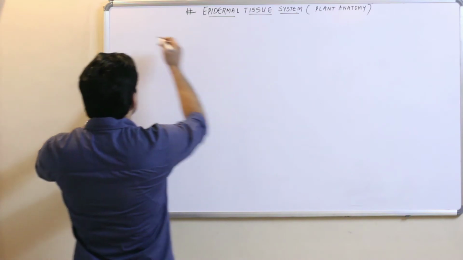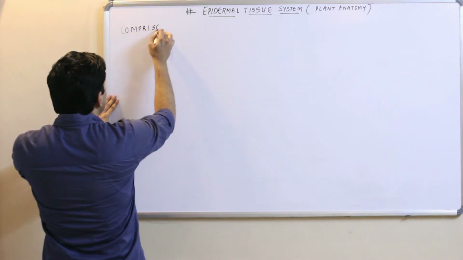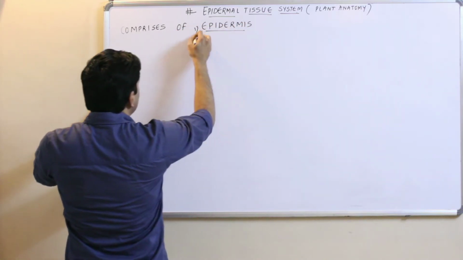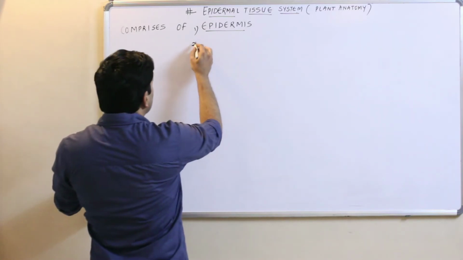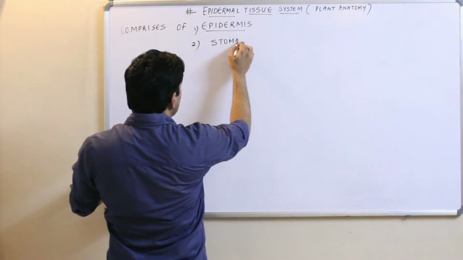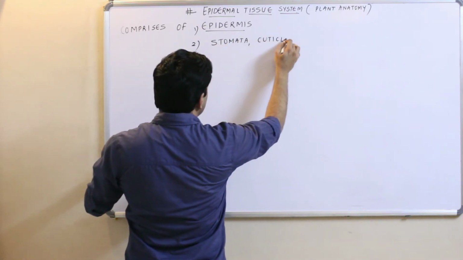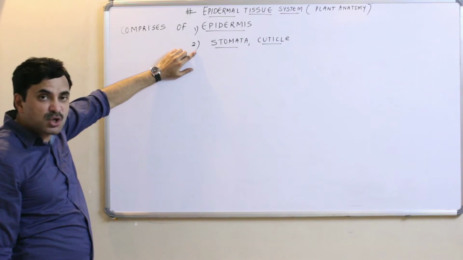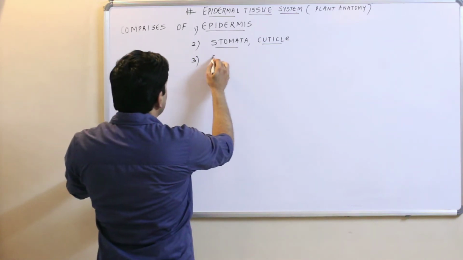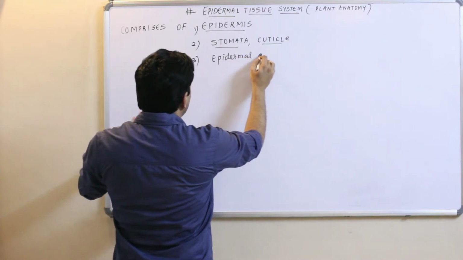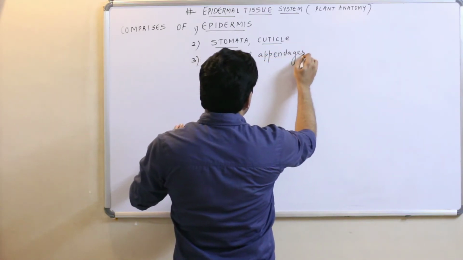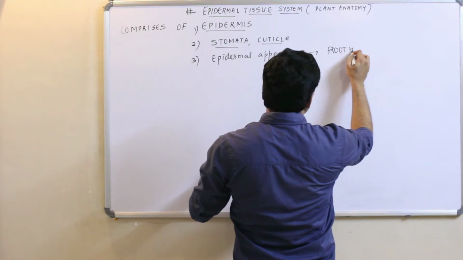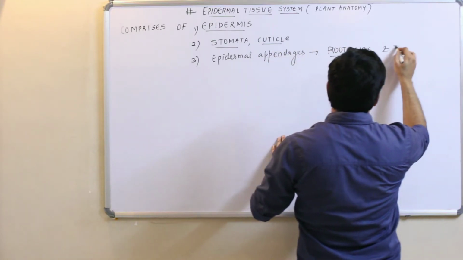And this epidermal tissue system comprises of epidermis, stomata and cuticle, and also epidermal appendages like hairs, root hairs, and trichomes.